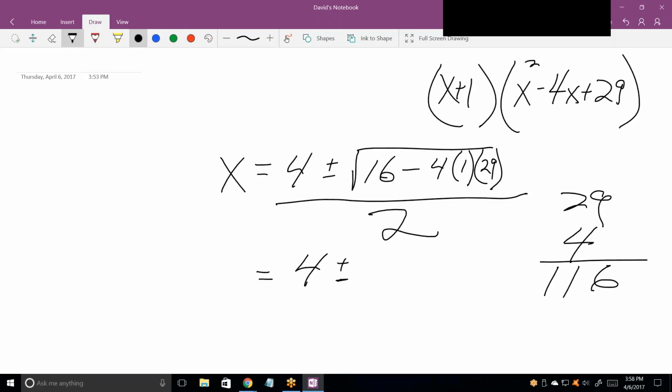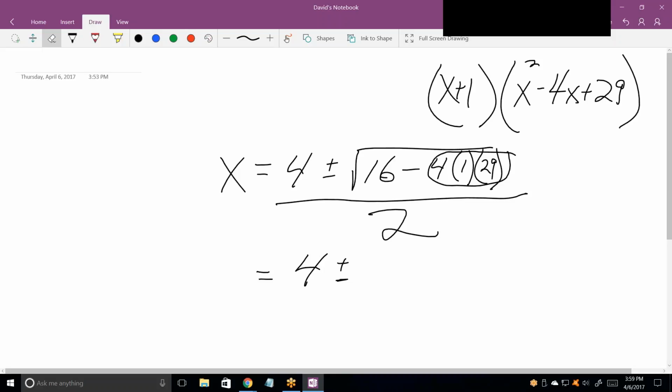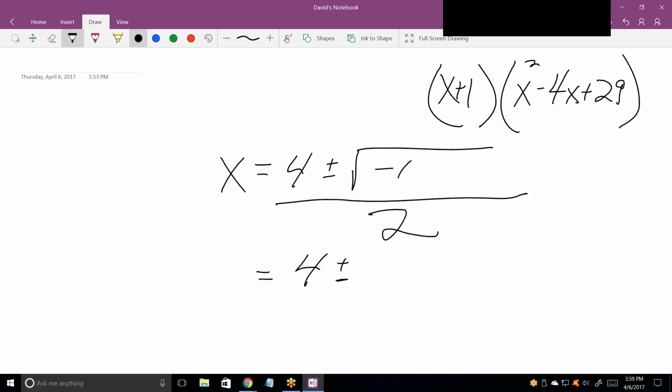So 16 minus 116. I always do those 3 without the minus sign first. Do those 3 first, and you get 116. Minus 116 is minus 100. So it would be minus 100. And that is 10i. And then over 2.